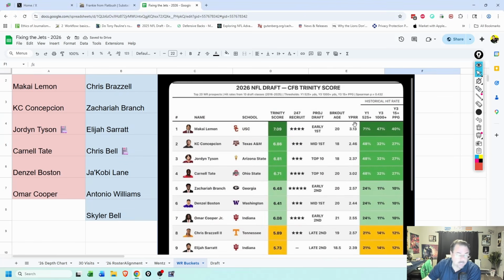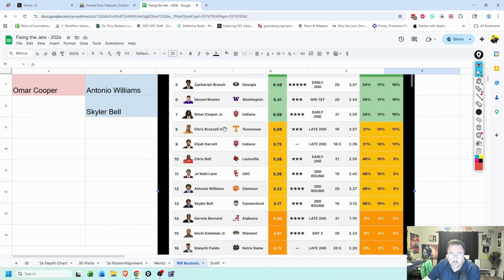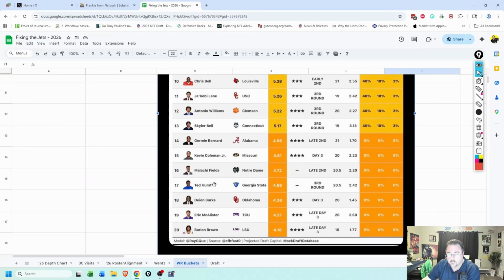And you can see some of these guys here. Lemon, Concepcion, and so forth and so on. You may like some of these other people. Jeremy Bernard, Kevin Coleman, Malachi Fields, Ted Hurst, Dion Burks. Now, some of these guys down here, sometimes in the model, there are guys who outperform as a pro what they did in college.